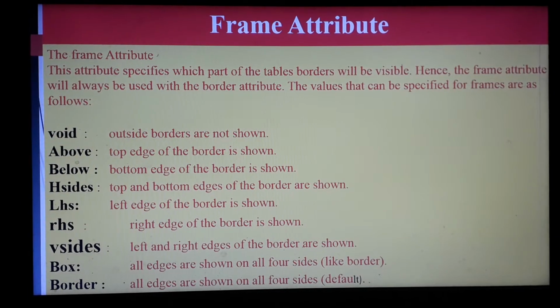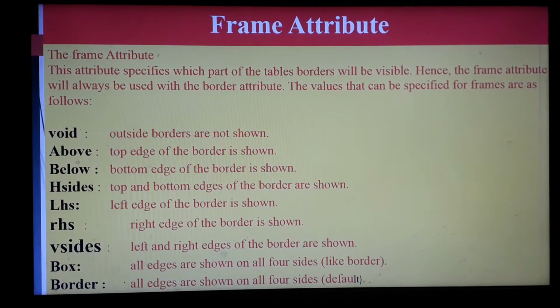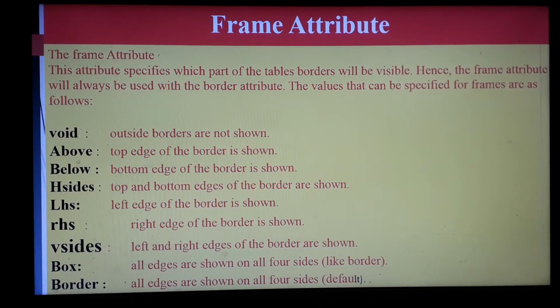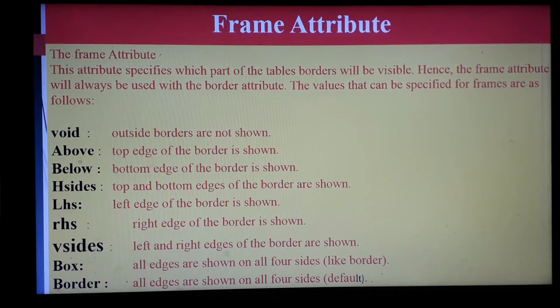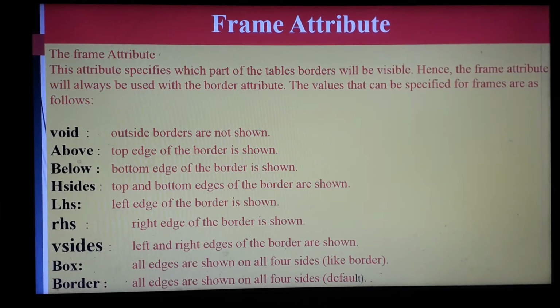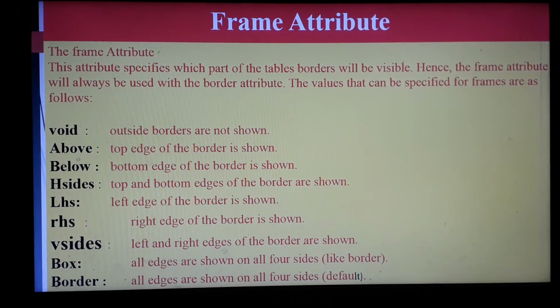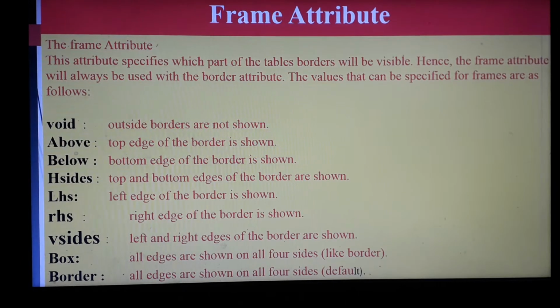Next, LHS, left hand side, displays only the left edge. RHS displays only the right edge of the border. Vsides displays both the left and right edges of the borders.